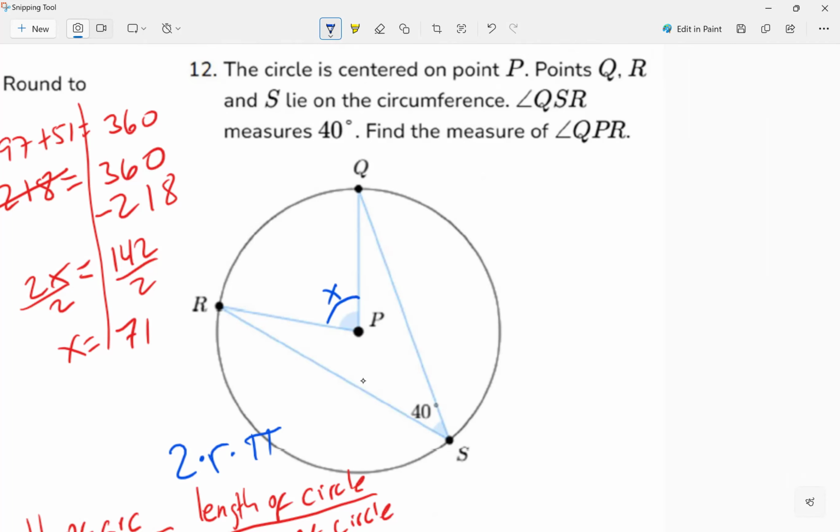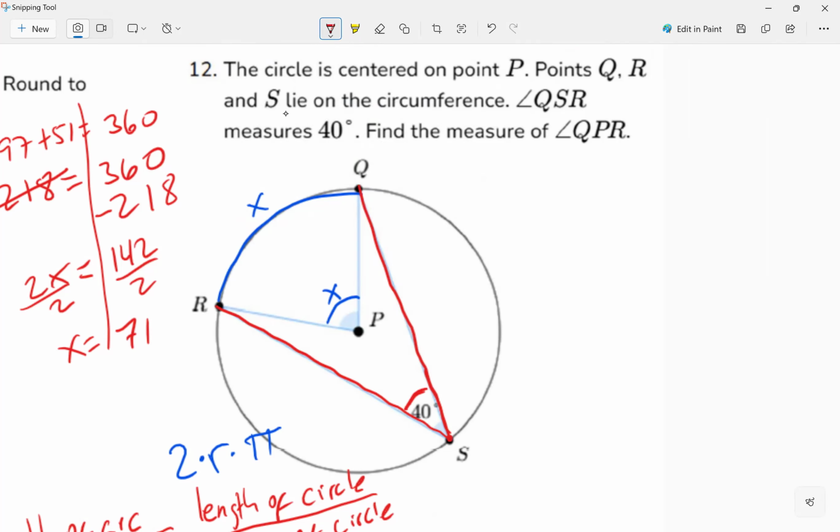I did mention earlier that the central angle is equal to the angle of the arc. So the angle in the center is equal to the angle of the arc. So if this is X, I'm going to say this is also X. However, the angle on the circle, so not in the center, it's on the circle. You see this angle here? When you project it, this is 40 degrees.